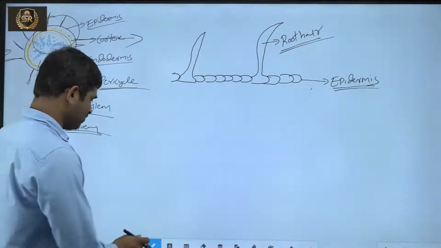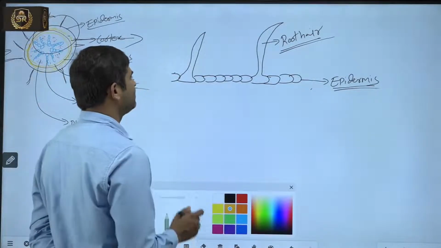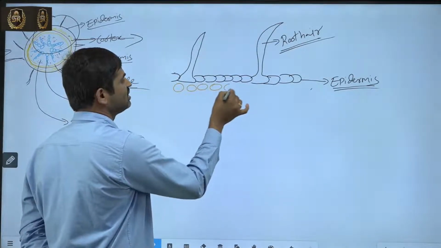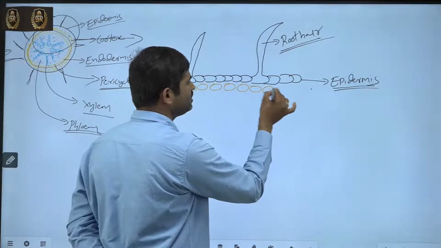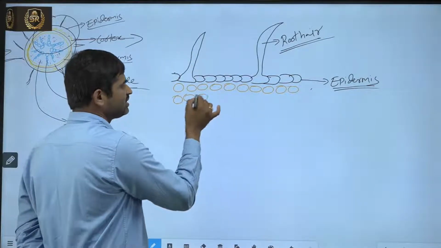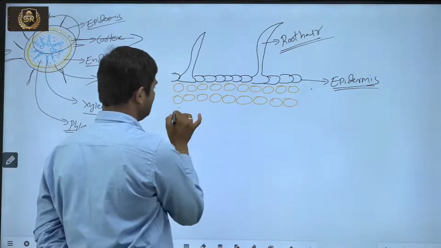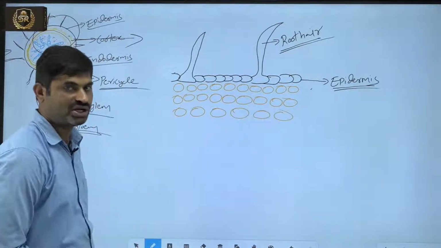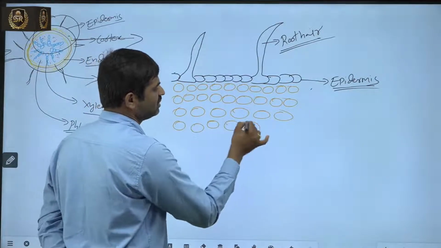Next, the second part is the cortex region. Cortex is made up of parenchymatous tissue, a multicellular, uniseriated structure. These are made up of many cells, a number of cells.